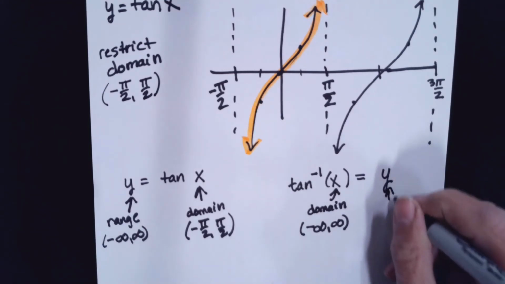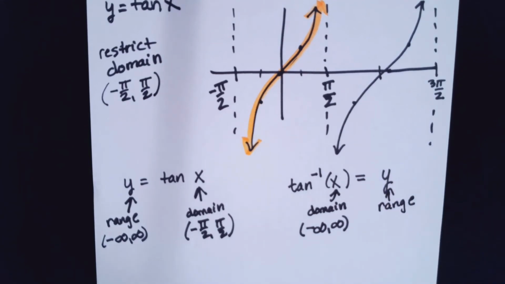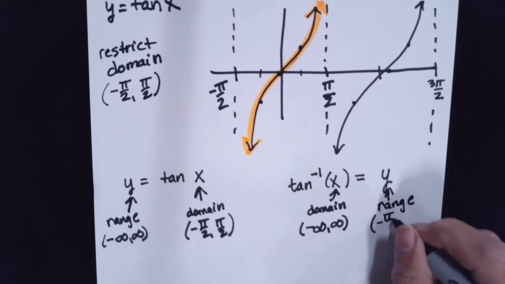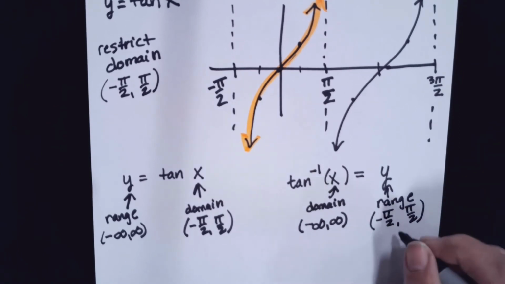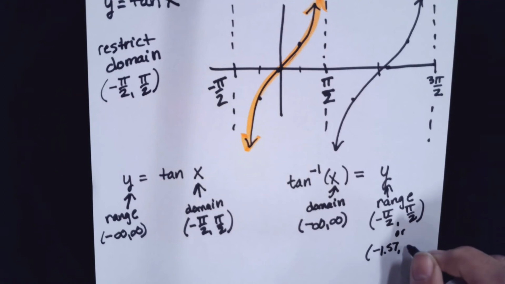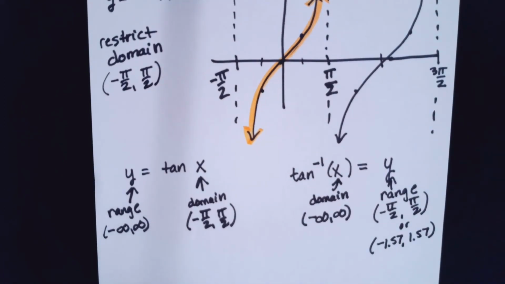And then for the range, or our answer, for our inverse function, all the answers have to be between negative pi over 2 and pi over 2. Or, I guess I could say negative 1.57 to 1.57 if we took that to a decimal.